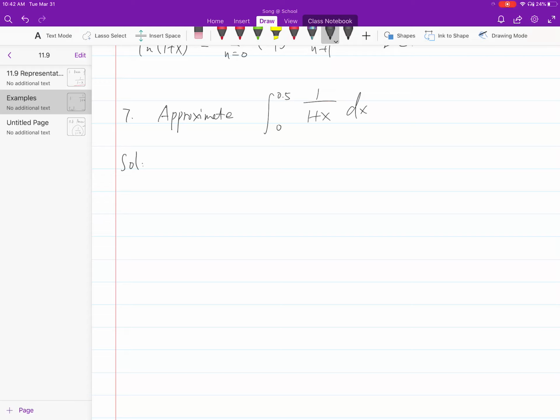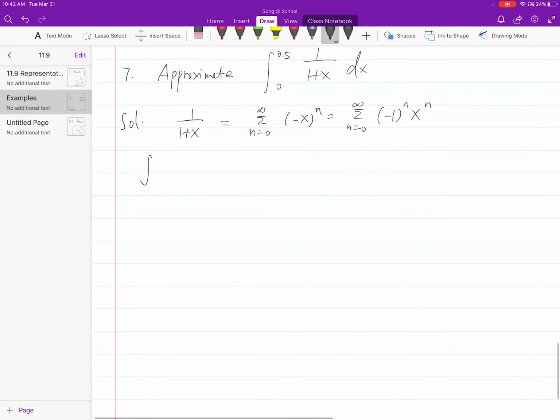Now, let's think about it. We do know this, which is the power series. That means we do know the antiderivative of this.